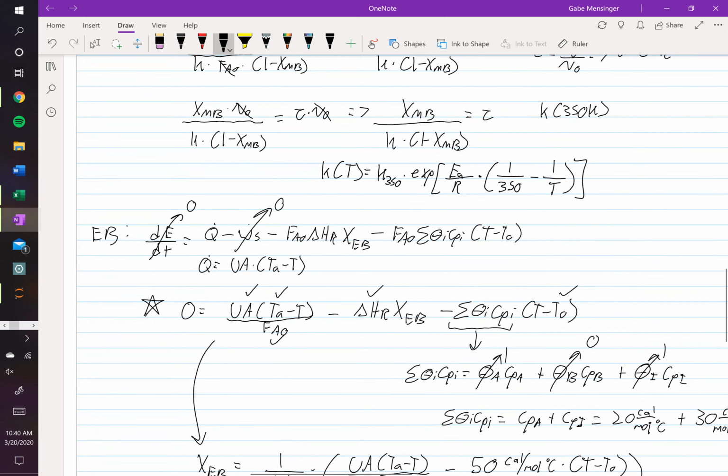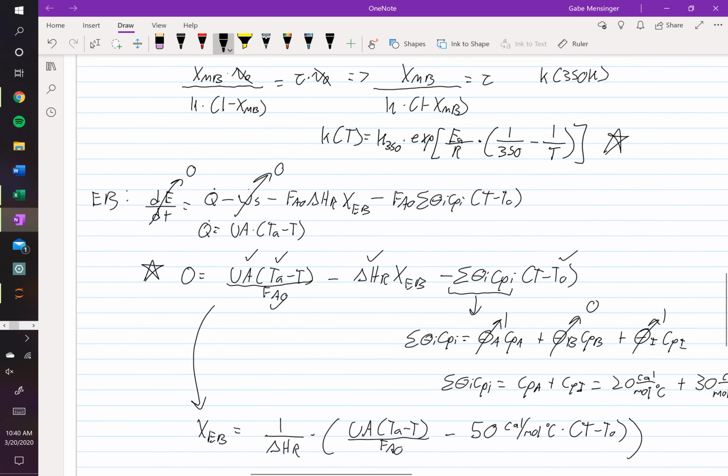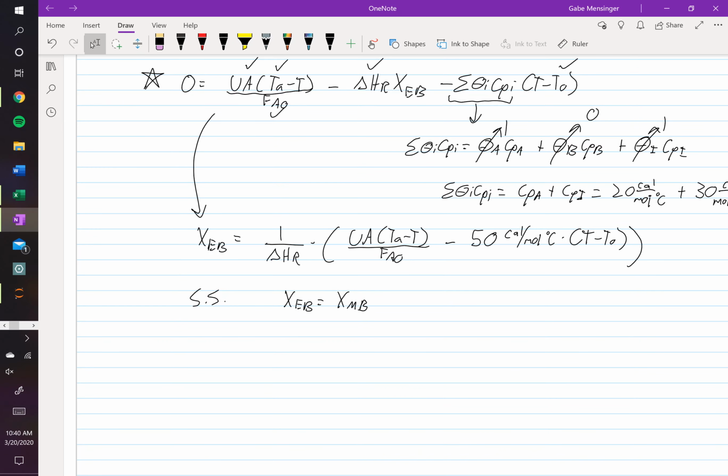So going back up to our mass balance up here, we see that we can plug in what we just solved for. Tau is equal to X_MB over k times (1 minus X_MB), where X_MB is equal to this right up here.